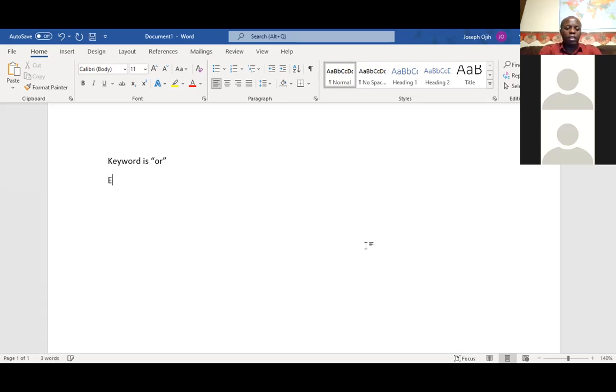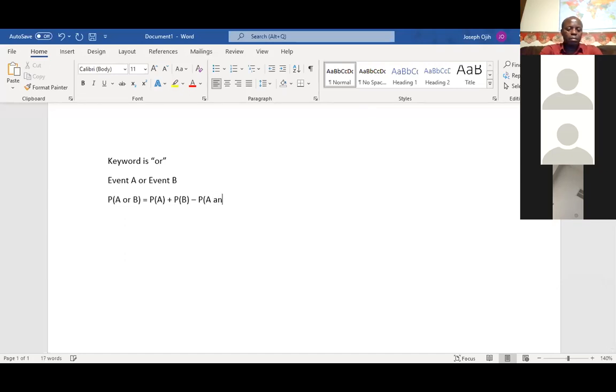Let's say that we have two events, event A or event B. So the probability of event A or B becomes probability of A plus probability of B minus probability of A and B. So this is the formula?